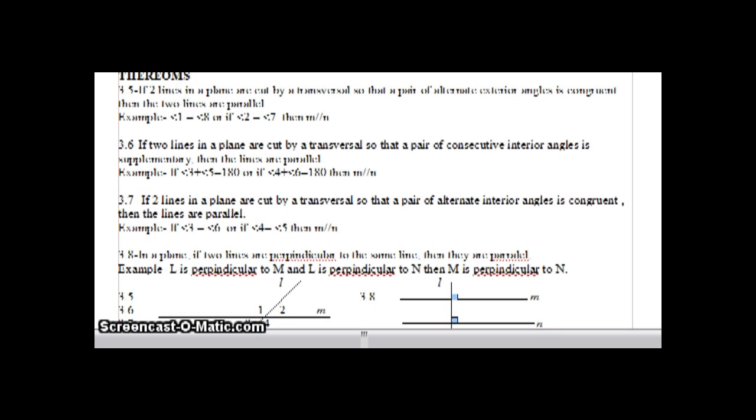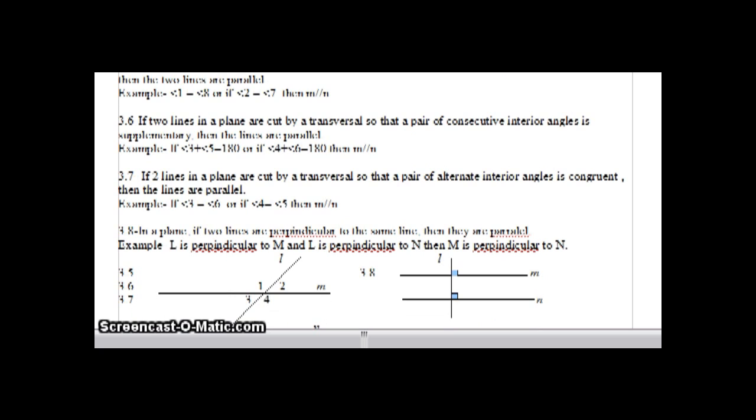If two lines in a plane are cut by a transversal so that a pair of consecutive interior angles is supplementary, then the lines are parallel. Example: if angle 3 plus angle 5 equals 180 degrees, or angle 4 plus angle 6 equals 180 degrees, then line M is parallel to N.